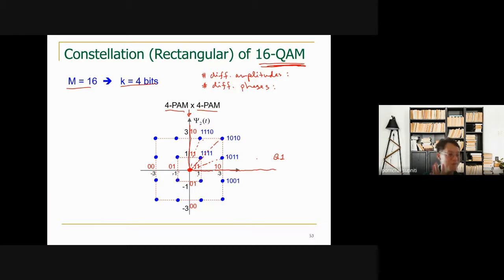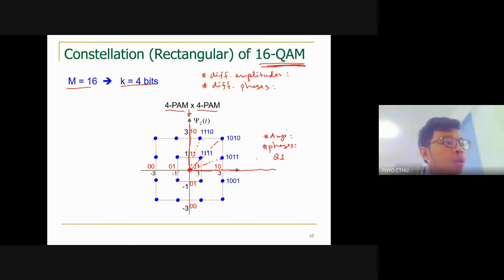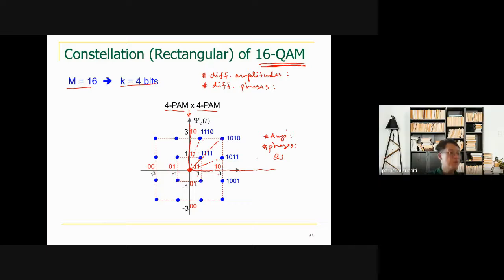Because there are only 4 symbols, right? So for quadrant 1, how many different amplitudes are there? Can you guess from what you see on the screen? It has to be less than 4, because 2 symbols have the same magnitude from the center. It has to be 3.